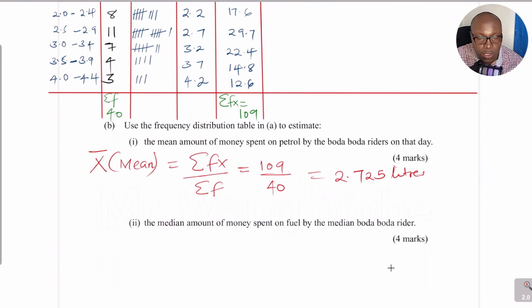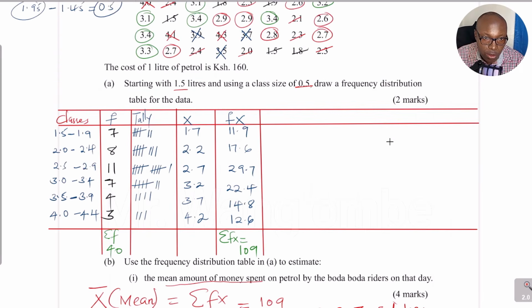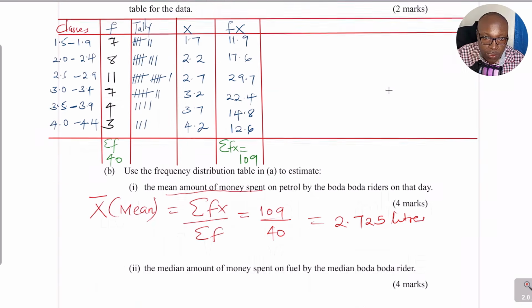But now the question is the mean amount of money spent. What we got is the mean amount of petrol that is used on that day. So now to get the amount of money spent, we shall go back to this statement there. The cost of 1 liter is given here. The cost of 1 liter is 160.